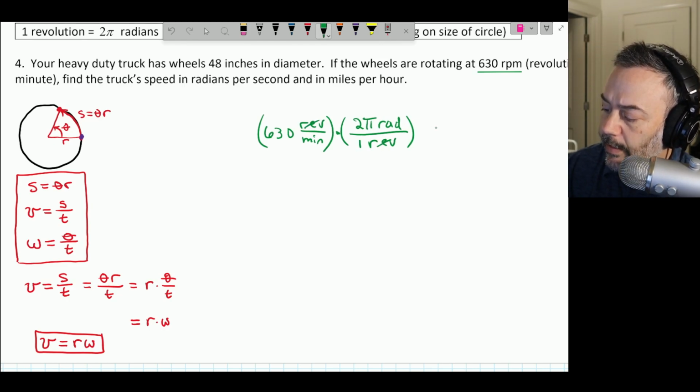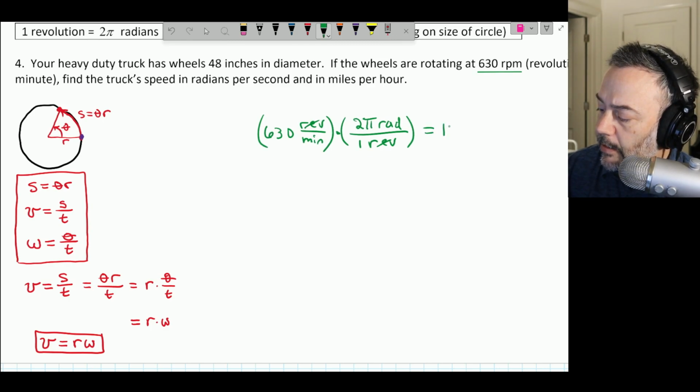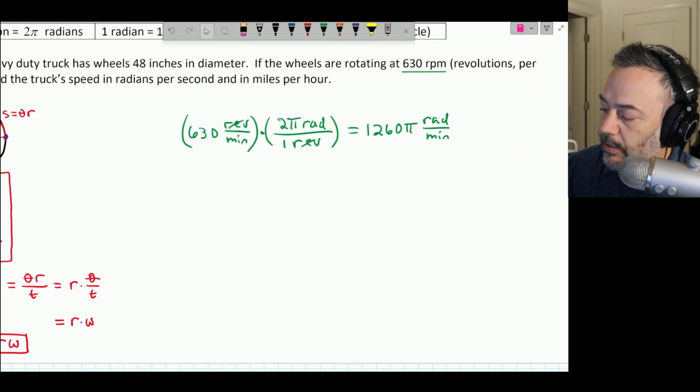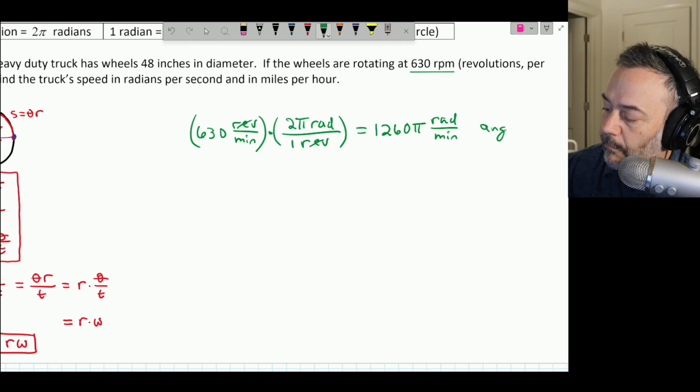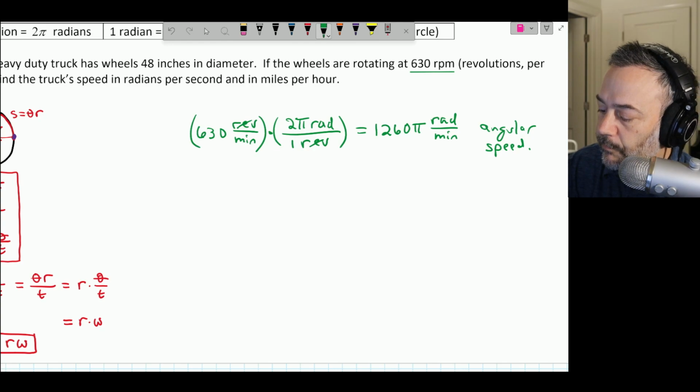The revolutions cancel, and if you multiply this out and work it out, it's 1260 pi radians per minute. So that is our angular speed. So we have that omega is 1260 pi radians per minute.